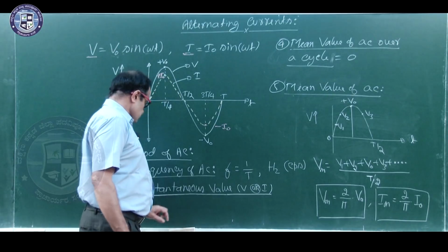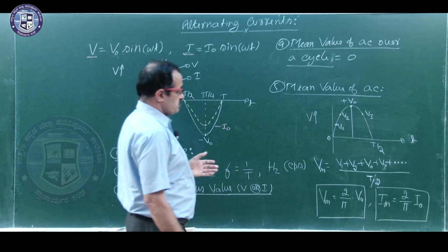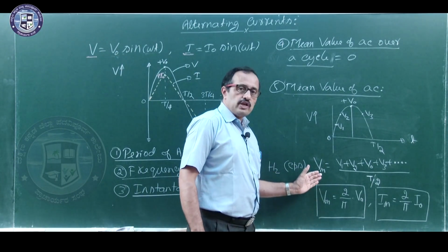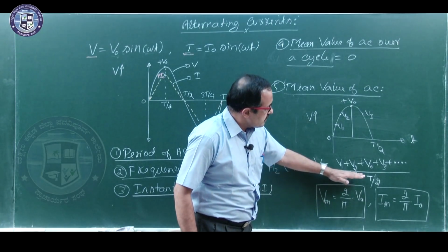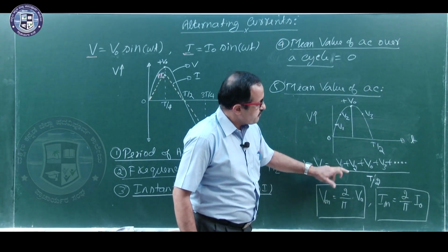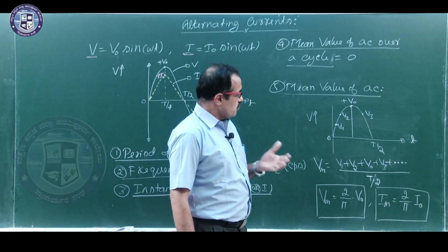Now, how to define the mean value of AC? You have to tell this definition. You take this formula as the definition. So, how to define?